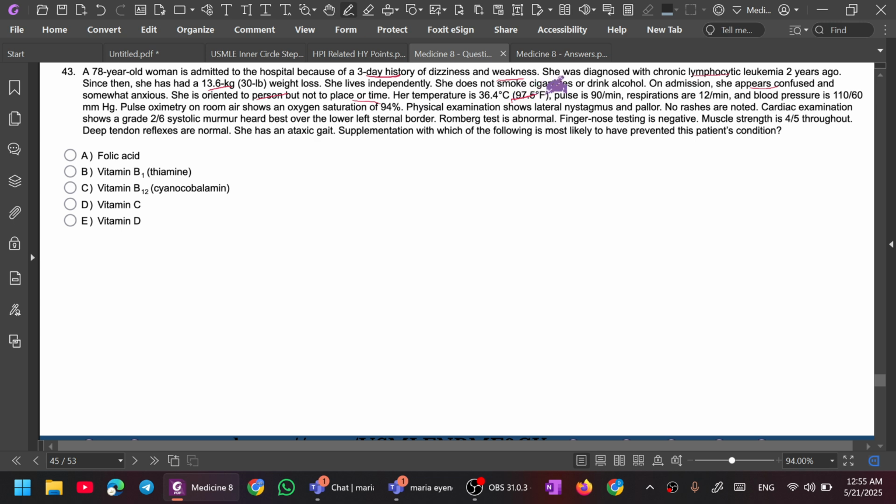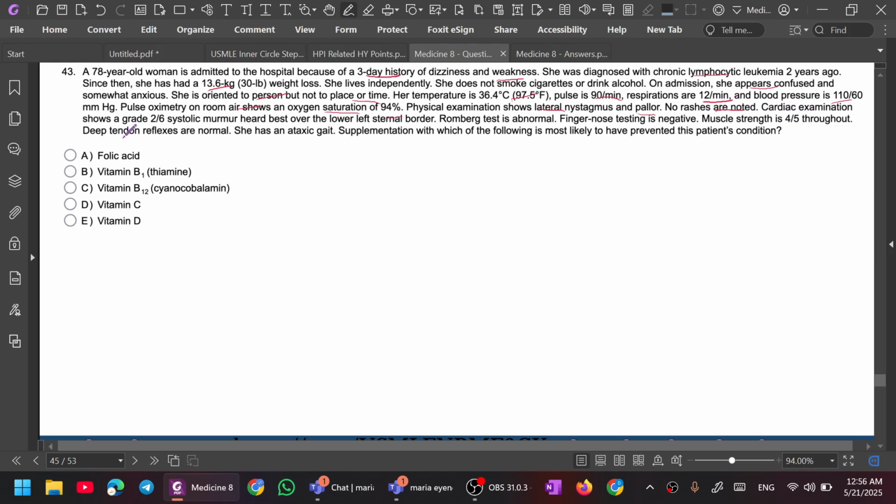Temperature is 97, pulse 90, respiration 12 per minute, BP 110/60, pulse oximetry on room air oxygen saturation is 94%. Physical examination shows lateral nystagmus and pallor. No rashes are noted.